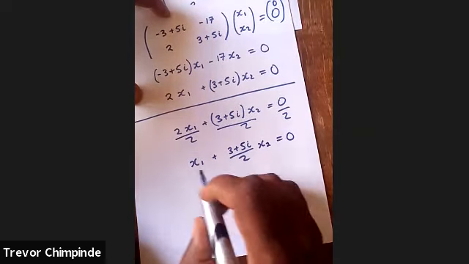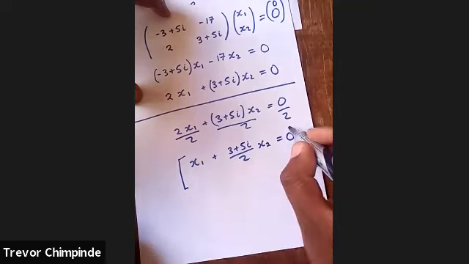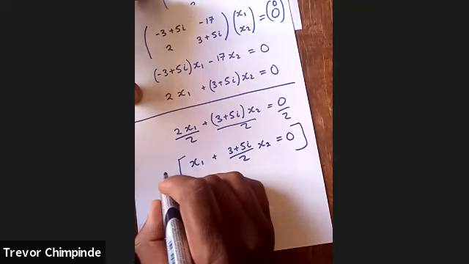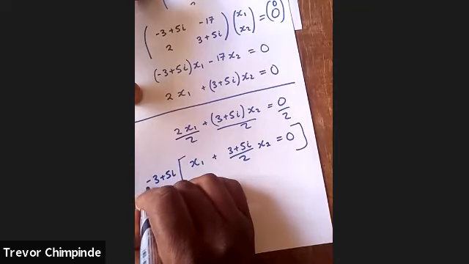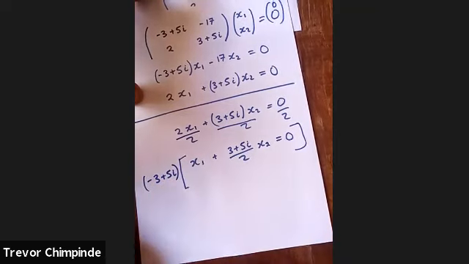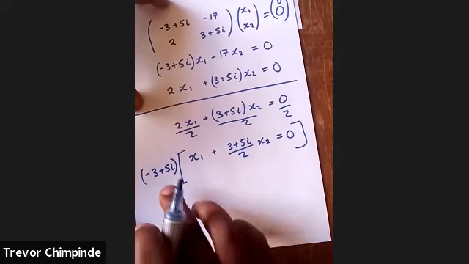And then we multiply this equation by (-3 plus 5i). So what does it give us?